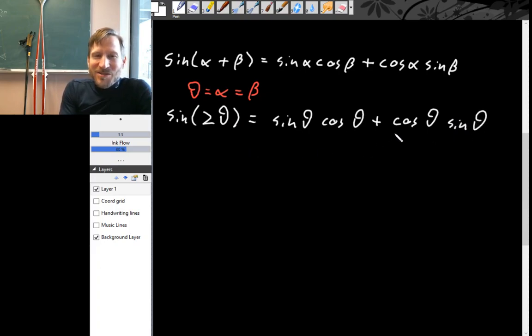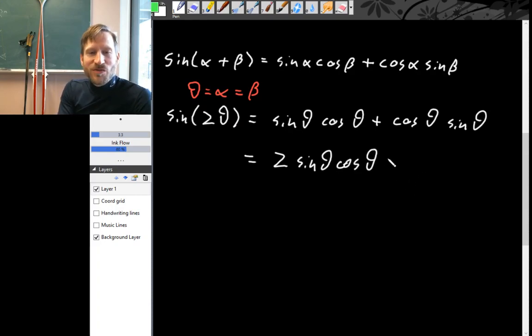And now if you look at these 2 terms, they're both actually the same, so this is 2 sine theta cosine theta. So there's a double angle formula for sine. It turns out really there's only one flavor of the double angle formula for sine, unlike for cosine.